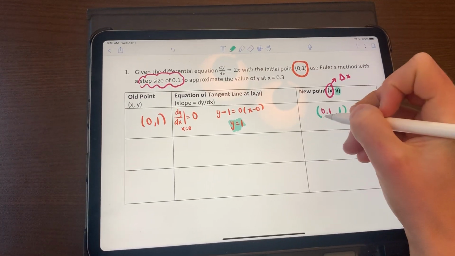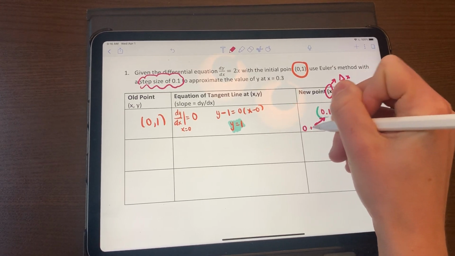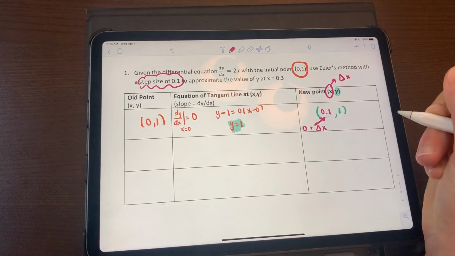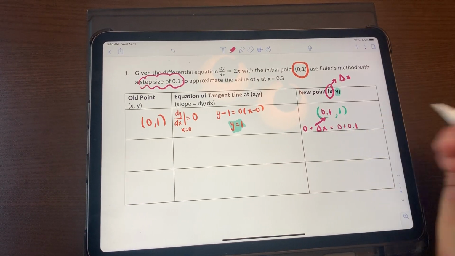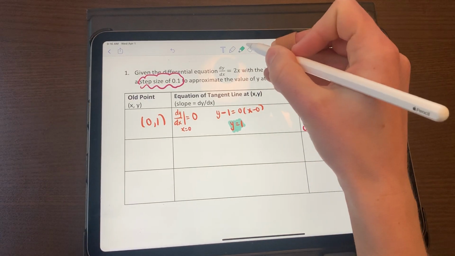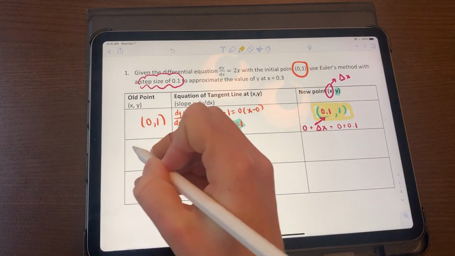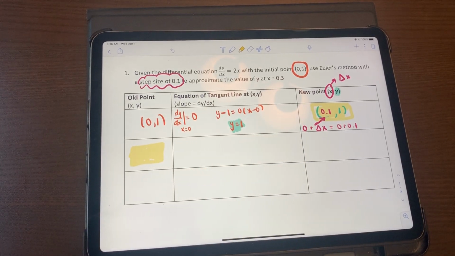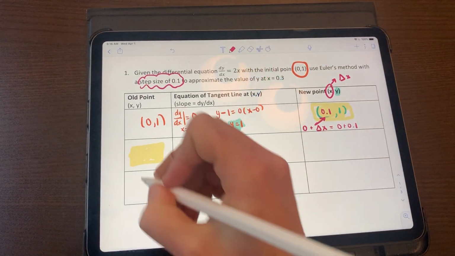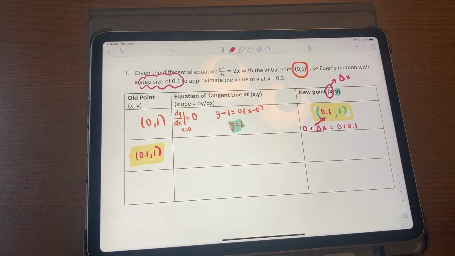So we get 0.1 from taking our original point plus the step size, which in this case was 0.1. So this point right here becomes our old point to get the next equation for the tangent line. So we're going to use (0.1, 1) to now draw a new tangent line.